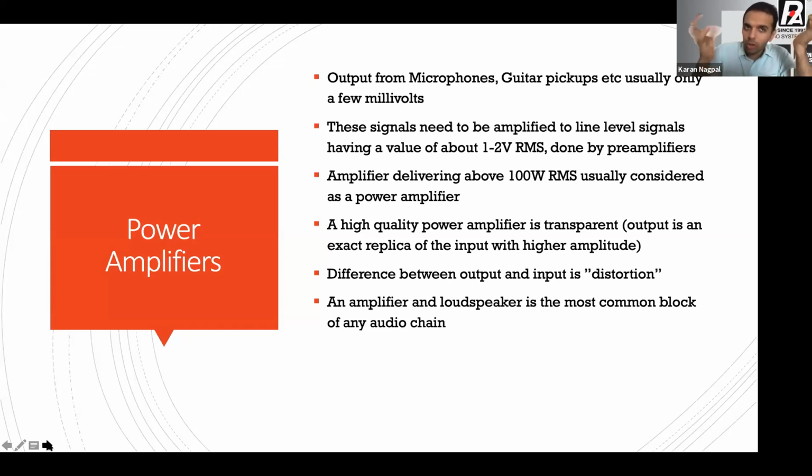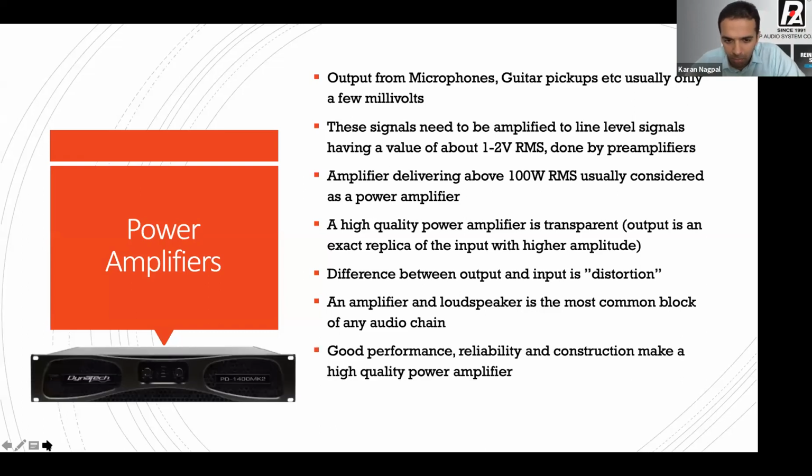There's no cabinet involved, it's just an amplifier and a loudspeaker. So it's the most basic building block, like when cooking, the coriander and garlic, that elementary, and yet we've already seen how complicated it can get.